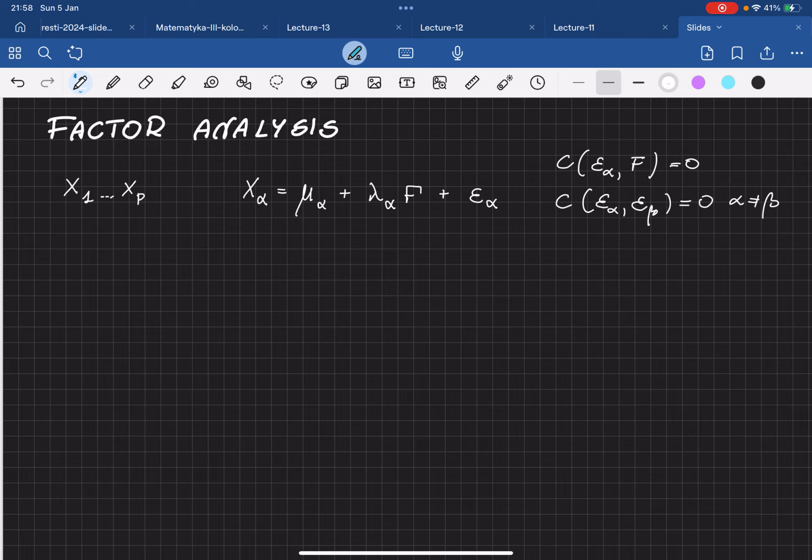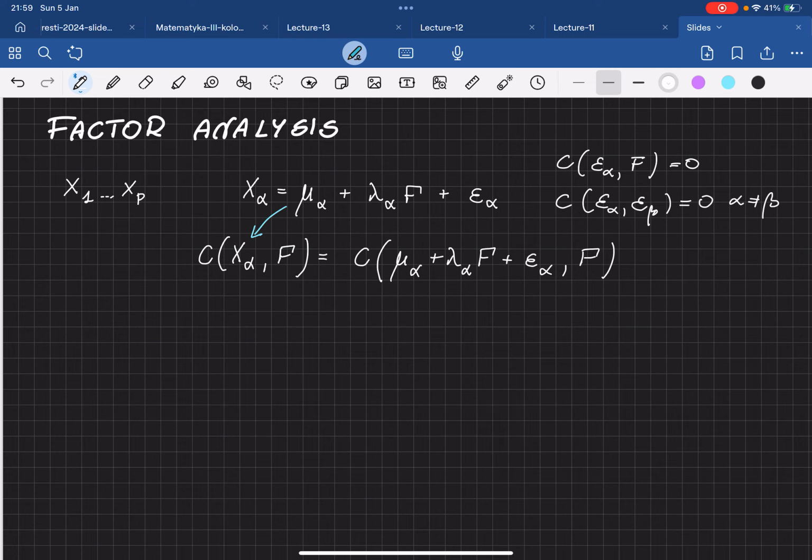For example, if we calculate the correlation between x alpha and the factor, so using the model, we put this model here, and we get correlation between the value of x alpha, which is mu alpha plus lambda alpha f plus epsilon alpha.